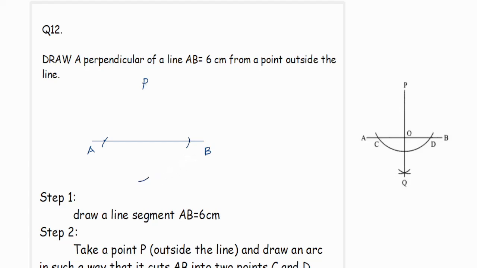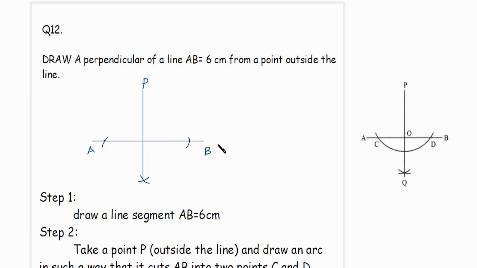In the same way, place the compass on the other point and make a cut, and then you have to join. With the help of the scale, you can join this point to this one. So it becomes perfectly perpendicular.